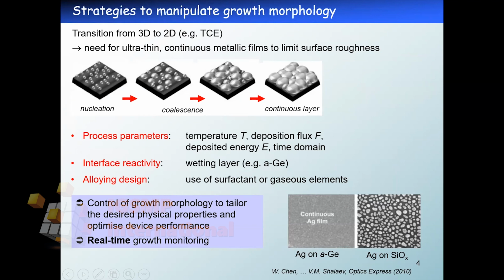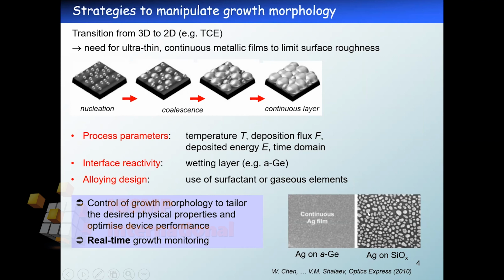There have been different strategies to move from a 3D to a more two-dimensional mode. You can act on the process parameters: you can play with the temperature and the flux. I will give some examples later. But what is also very promising is to change the interface reactivity in terms of wetting properties. This is illustrated here.